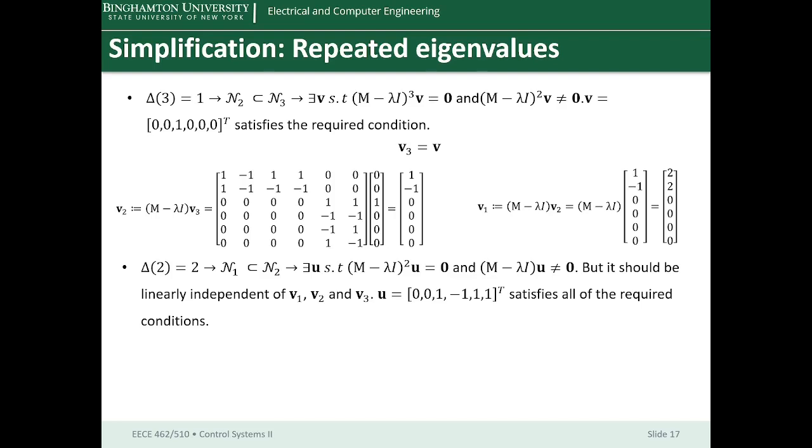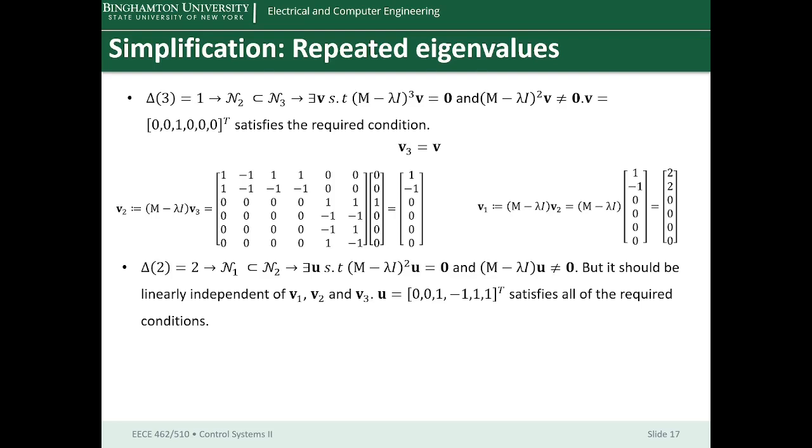Let's call this vector u. So u is an element of the null space of M minus lambda times I squared, but not an element of the null space of M minus lambda I. And of course, u must also be linearly independent of all the vectors we already have, v1, v2 and v3. It's easy to verify that the vector u equals 0, 0, 1, minus 1, 1, 1 satisfies all these conditions.